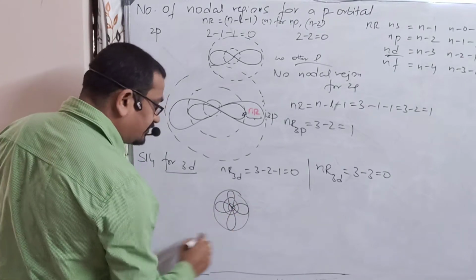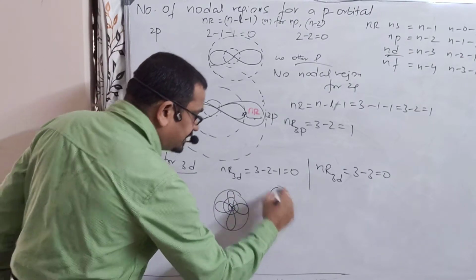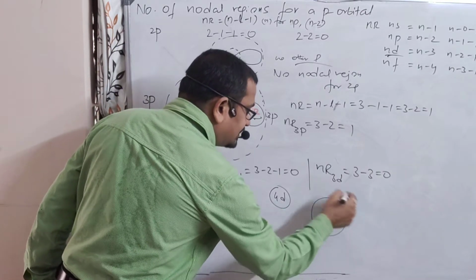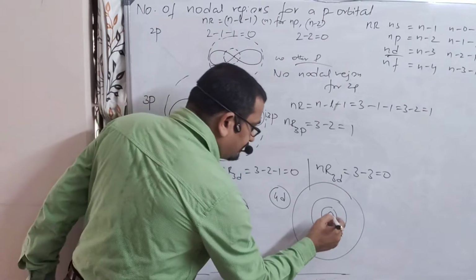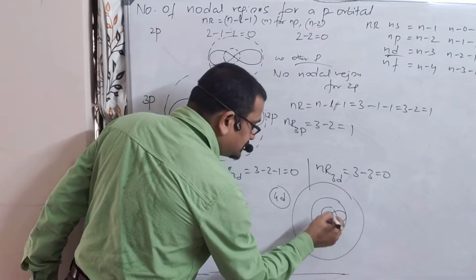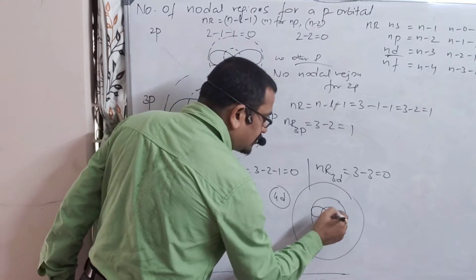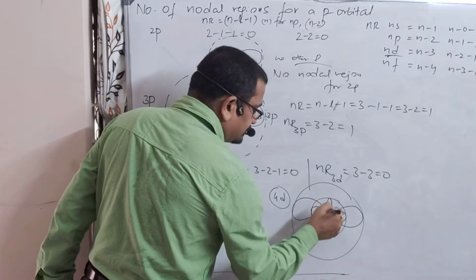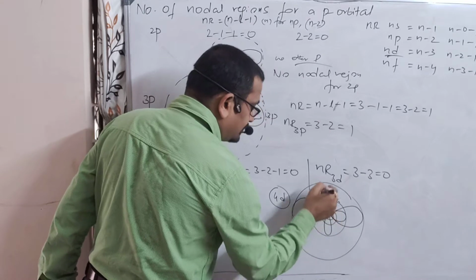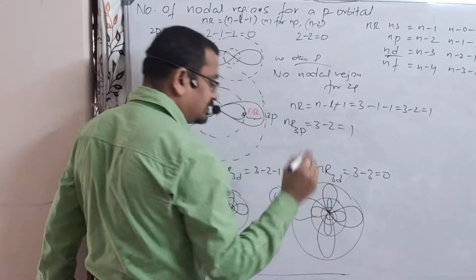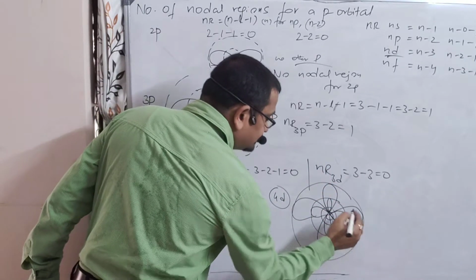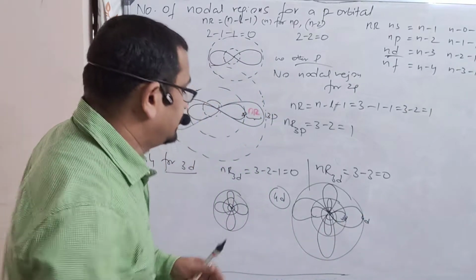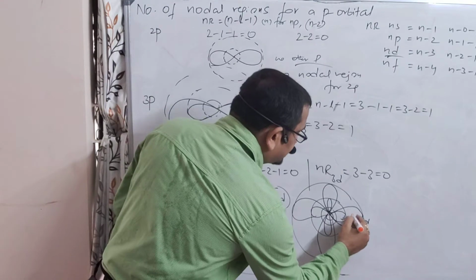When it comes to 4d, first boundary diagram, second boundary diagram, third boundary diagram and fourth boundary diagram. One d orbital is possible in the third boundary diagram, another d orbital is possible in the fourth boundary diagram. Now between this 3d and 4d boundary diagram, there is one nodal region where the probability of finding an electron is 0.